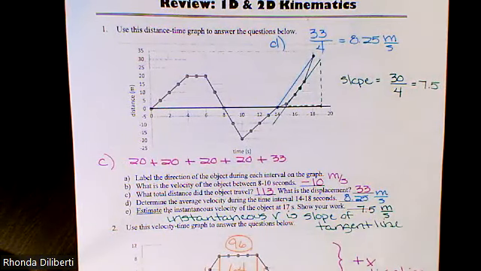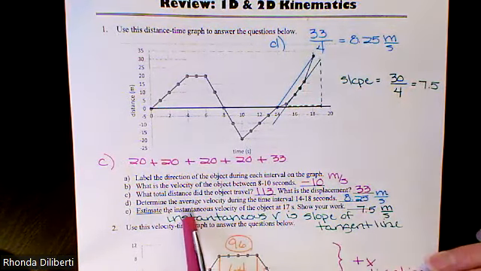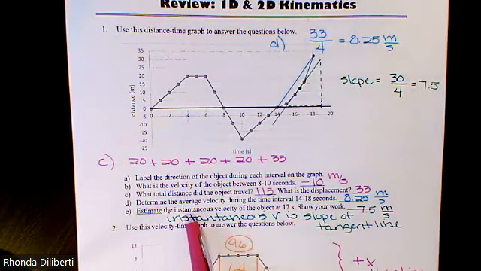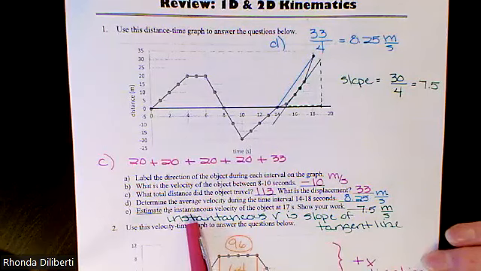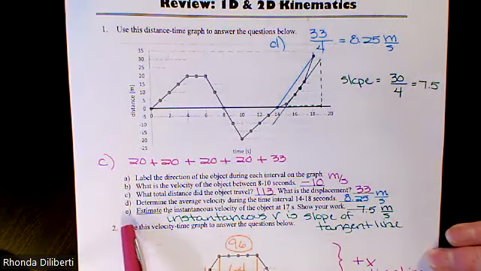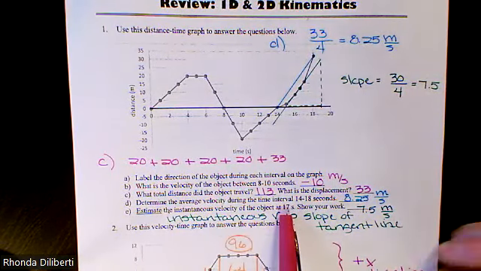But that velocity in real life would be changing and getting bigger and bigger. It's probably more appropriate to talk about the instantaneous velocity. But when we aren't using calculus, we don't really have a good way of calculating the instantaneous velocity. So therefore, we estimate it. It says estimate the instantaneous velocity at 17 seconds.